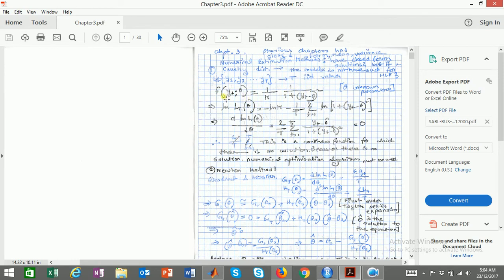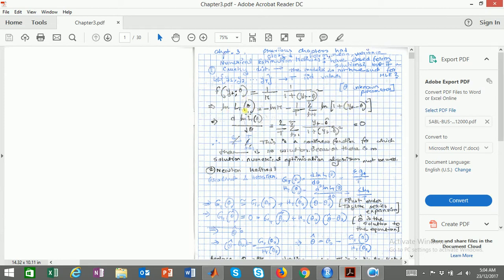We have the function, 1 by pi multiplied by 1 by 1 plus (yt minus theta) squared, and the log likelihood function is just taking a log of this: minus log pi minus 1 by T summation of log of 1 plus (yt minus theta) whole square.